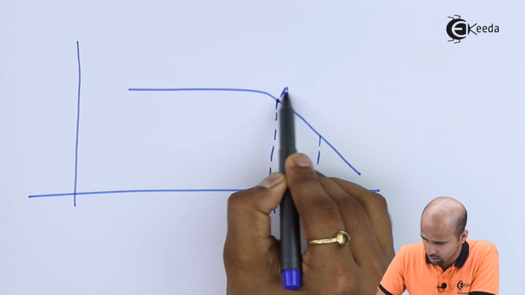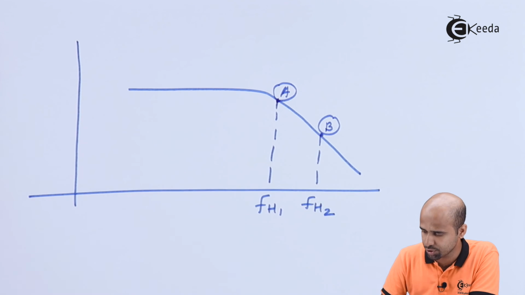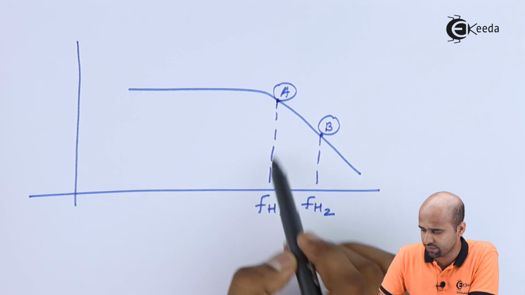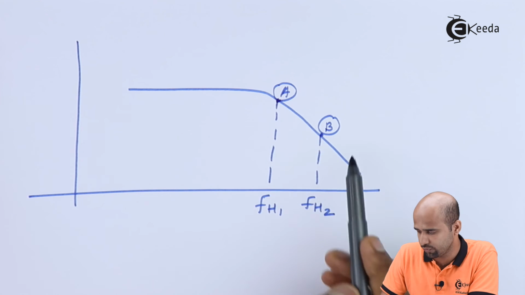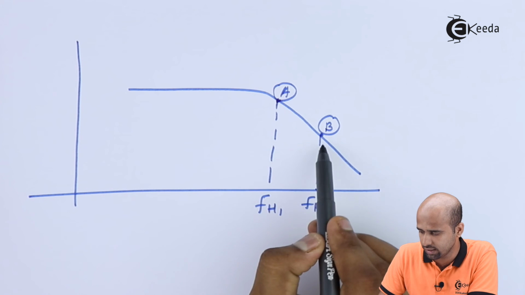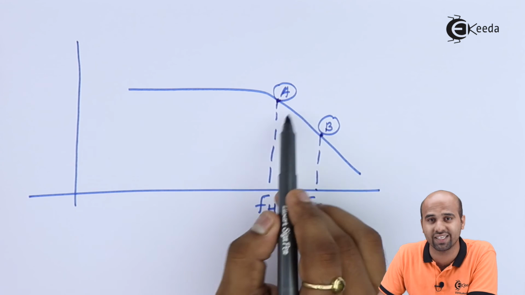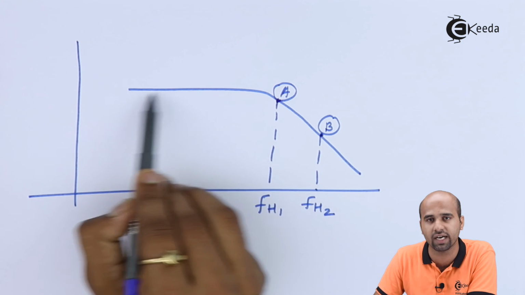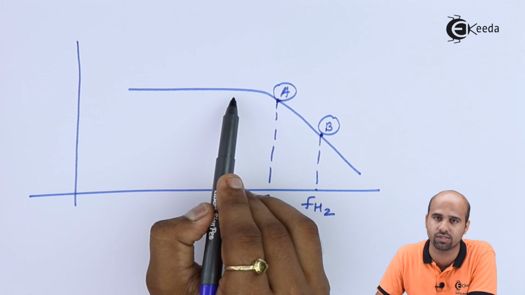Point A or point B? Your answer should be point A. This is because after point A your gain is attenuating. So if you select FH2, then just above B you are getting attenuated gain. You are not getting the gain which is nearly at the high value of gain in the mid frequency response.